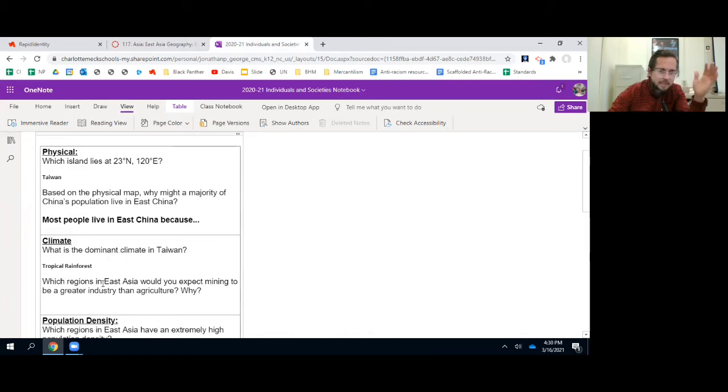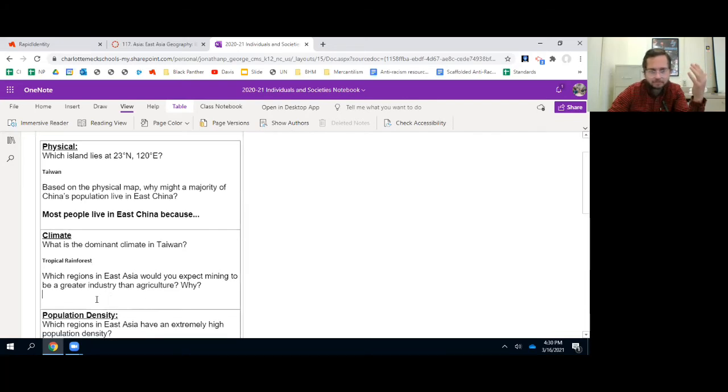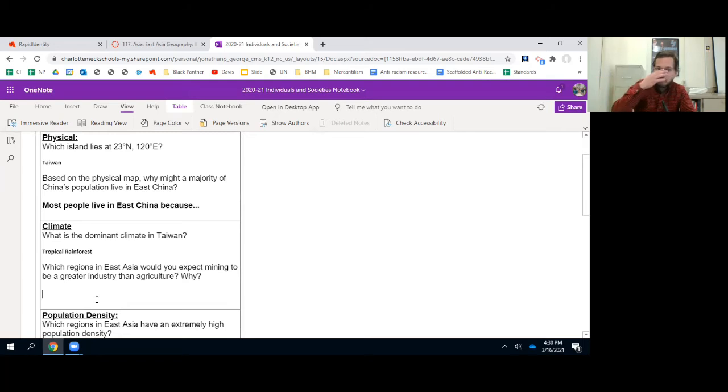Which regions in East Asia would you expect mining to be a greater industry than agriculture? I'm not going to answer it for you, but I'll do a little sentence starter here.